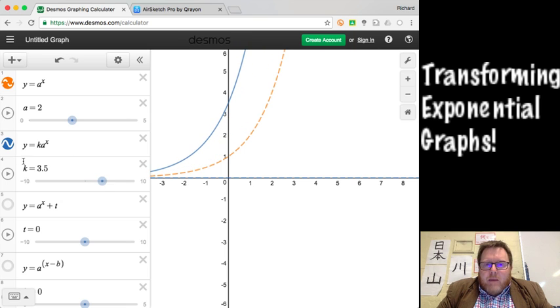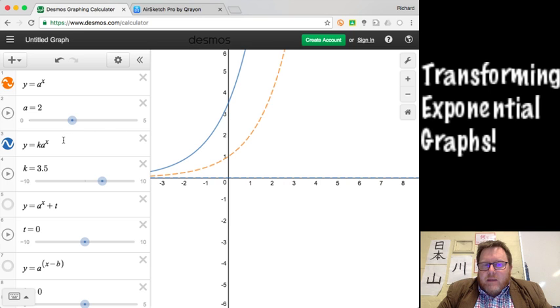So when we make k bigger, we effectively make the y values increase by that amount each time. It's being scaled up. So it's actually increasing faster, not amazingly faster, because at the end of the day, the power is going to determine how fast this graph increases.